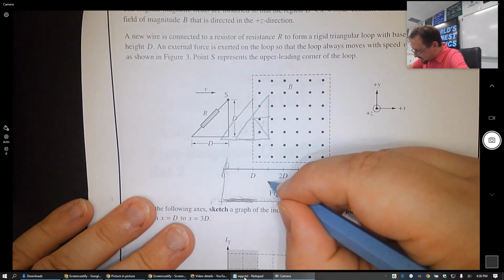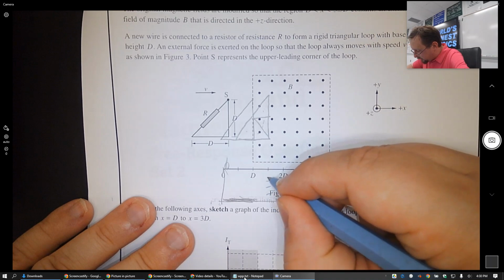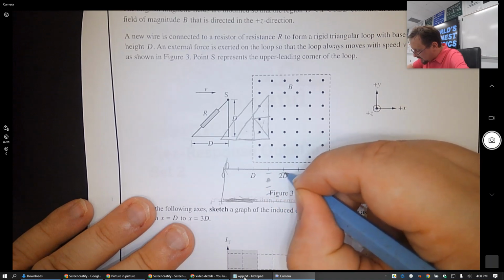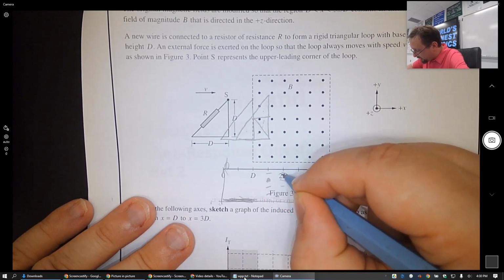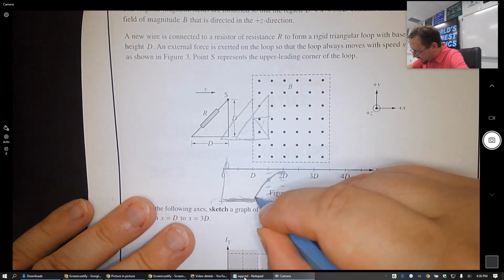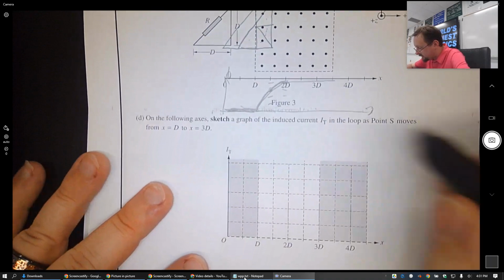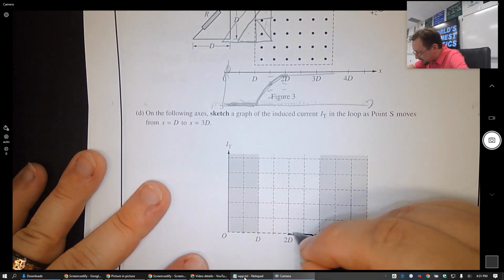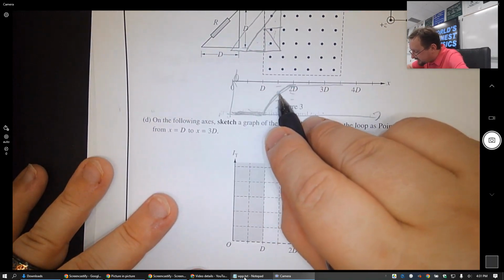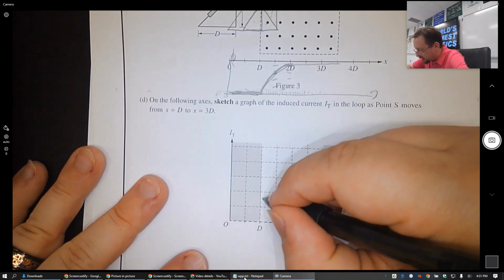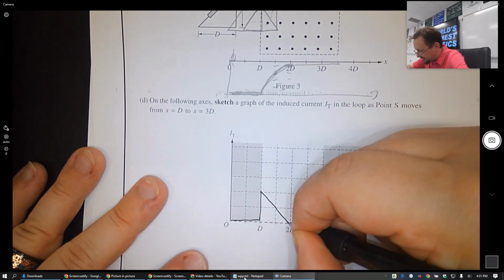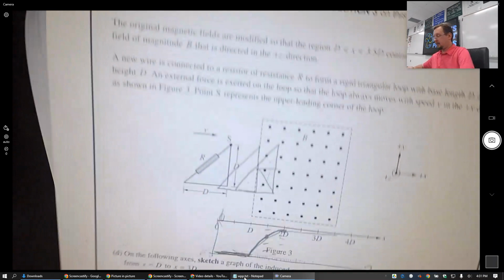So that means that this is going to be 1, 2, 3, 4, 3/4, and then now the triangle is fully in the field. So it's actually going to be a parabola like that, and then a constant flux. Do you see how that works, right? So the constant flux is 0 current, but this is a downward opening parabola. So you're actually going to have a current that goes like this or something like that, right?